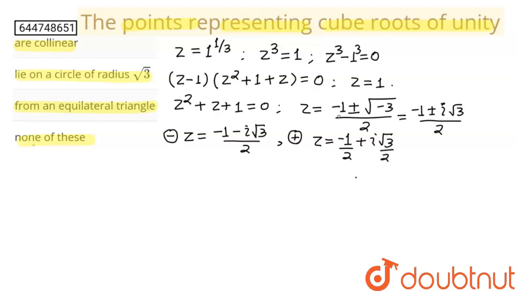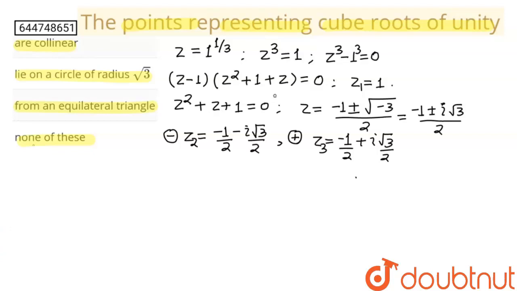I'm going to name this as first root z1, second root z2, and third root z3. One more change that I'm going to do: I'm going to separate the 2 on both terms. No problem, students.